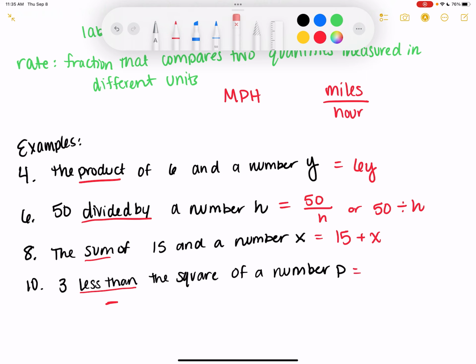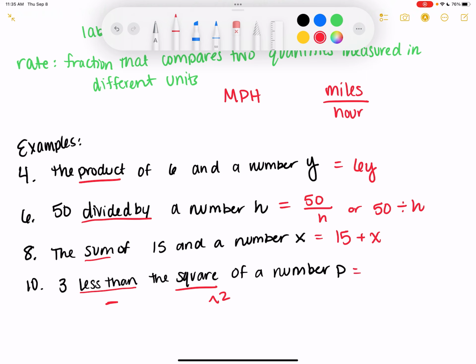Another way we can say that is p squared. So if you see squared, that means raise it to the second power. If you do the little caret, that just indicates that it's being raised to the second power. So that's why I'm writing it like that.